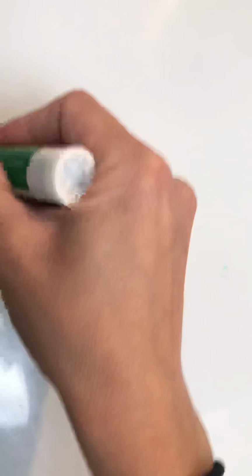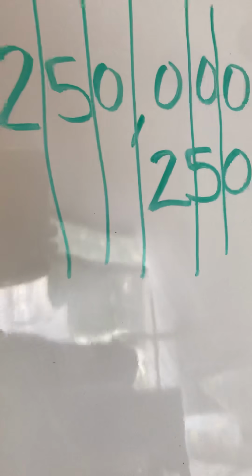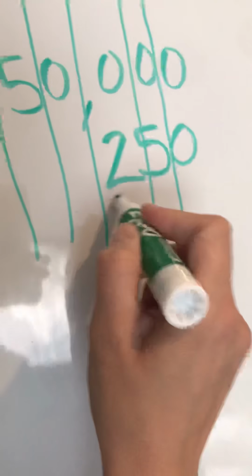So I'm going to show you an example. If I have 250,000, remember we talked about if the digits are the same and they're in the place value right next to each other, it's 10 times larger. If it's a place value over, it's 100 times larger. If it's 2 place values over, it's 1,000 times larger. So these 2's are the same digit.